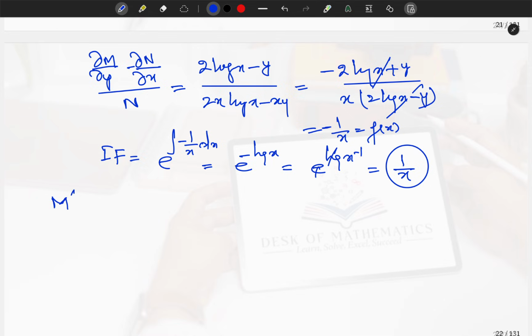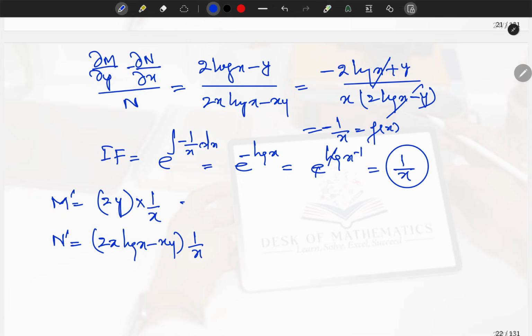Your M dash will be M, that is 2y multiplied by the integrating factor 1 by x, and your N dash will be 2x log of x minus xy times 1 by x. So here you have 2y by x, and here you have 2 log of x minus y.